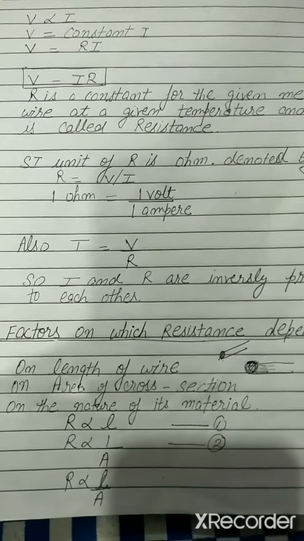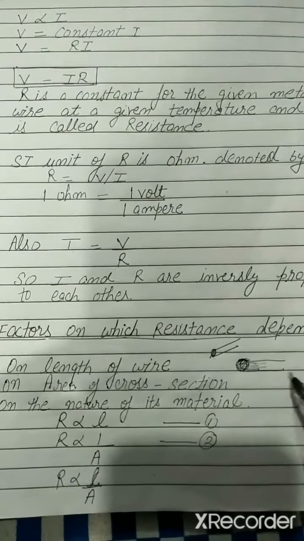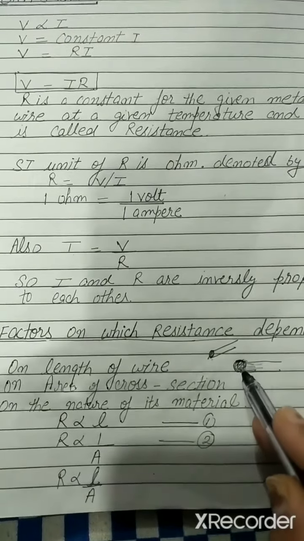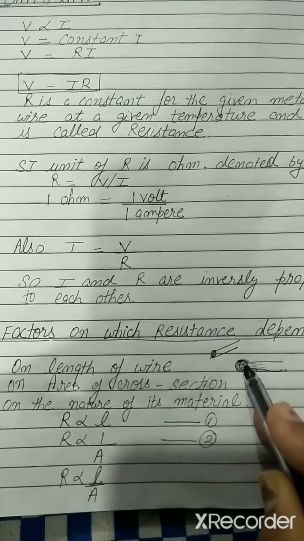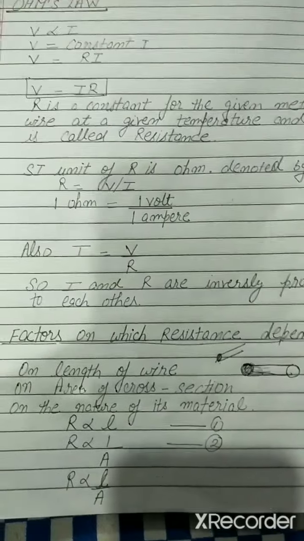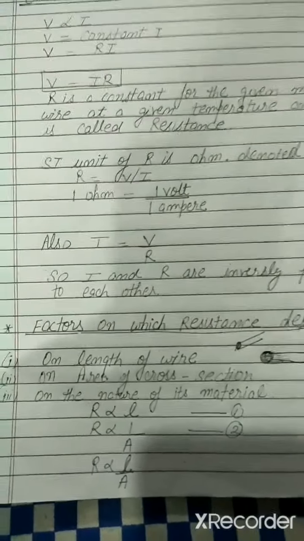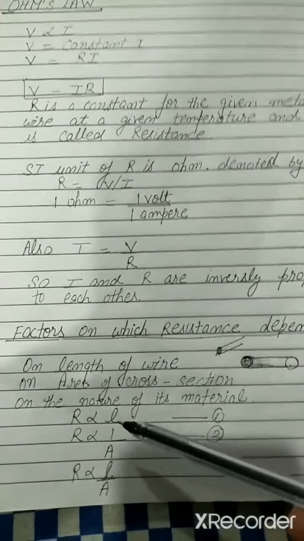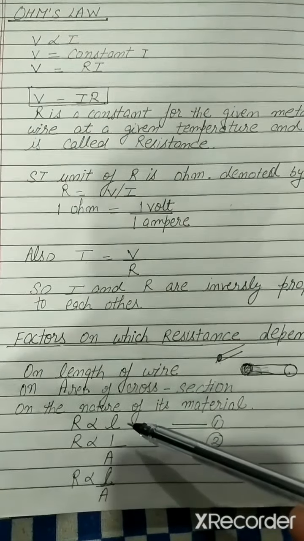Another is the nature of its material, which type of material we are using for a pipe or wire.